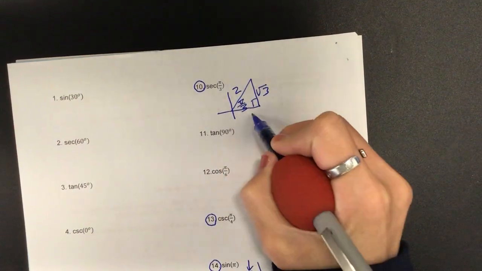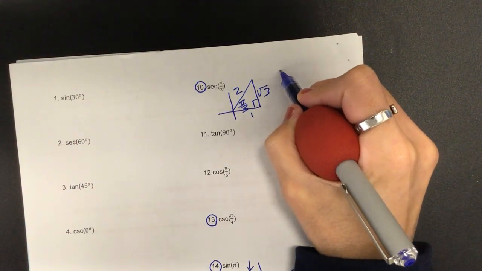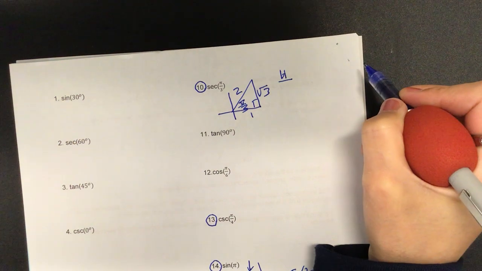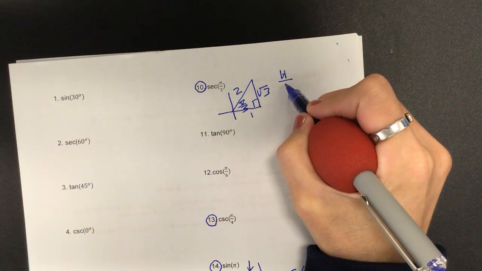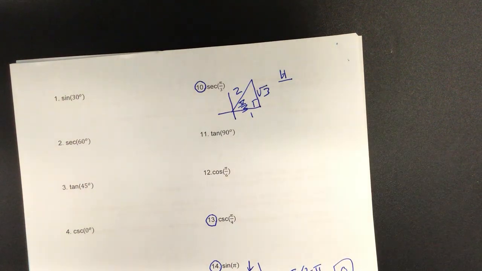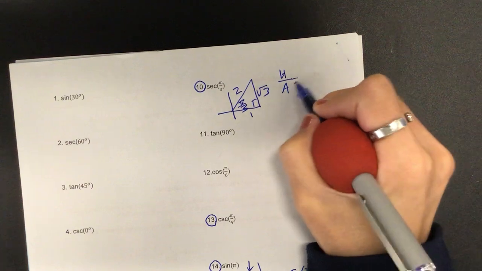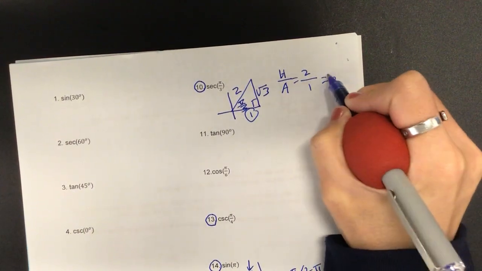That makes our hypotenuse 2 and the remaining side 1. And our secant is hypotenuse over what? Opposite or adjacent? Look at your notes. Adjacent. So we know our hypotenuse is 2, my adjacent is 1, so it's simply 2.